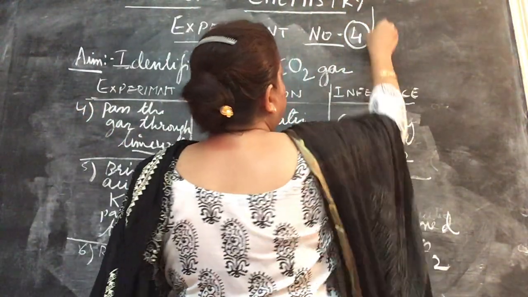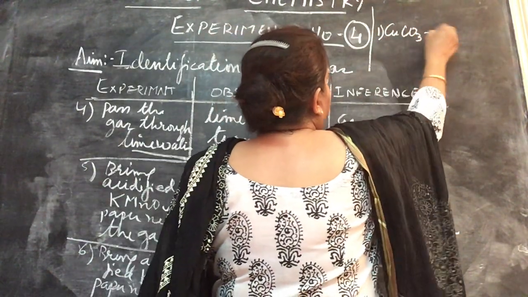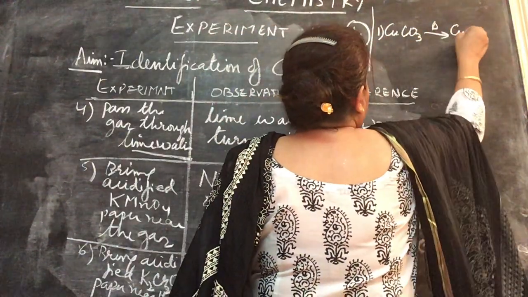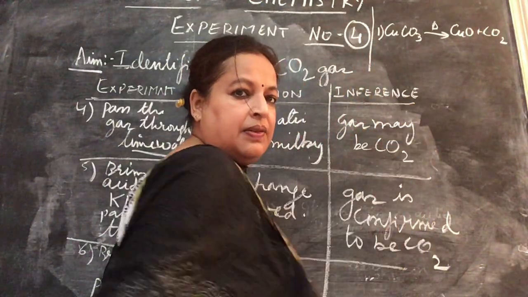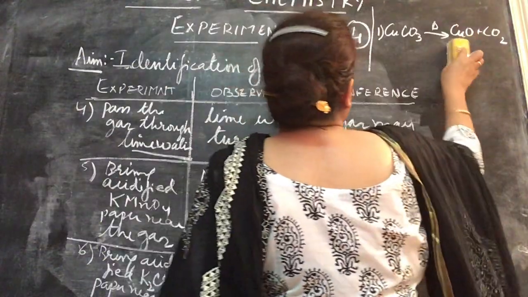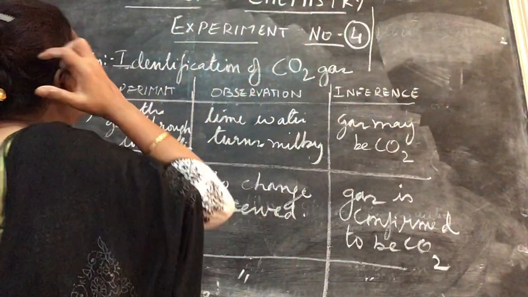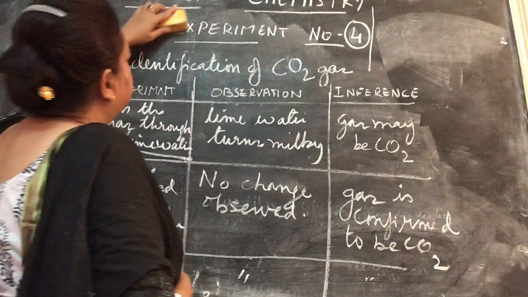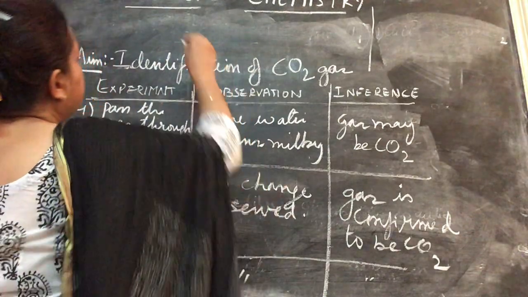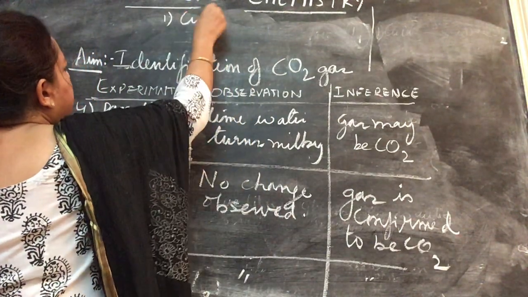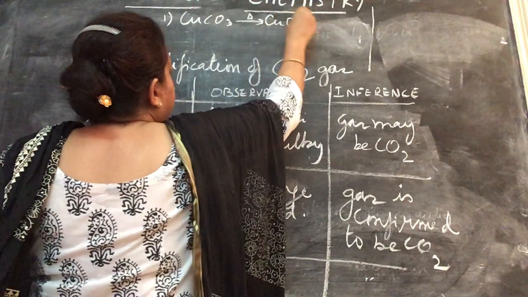You will be able to manage, children. Number 1 reaction is copper carbonate on heating gives CuO plus CO2. Can you see it? No. Okay, so I'll write it somewhere here. So what is the first reaction? First reaction: CuCO3 on heating gives CuO plus CO2.